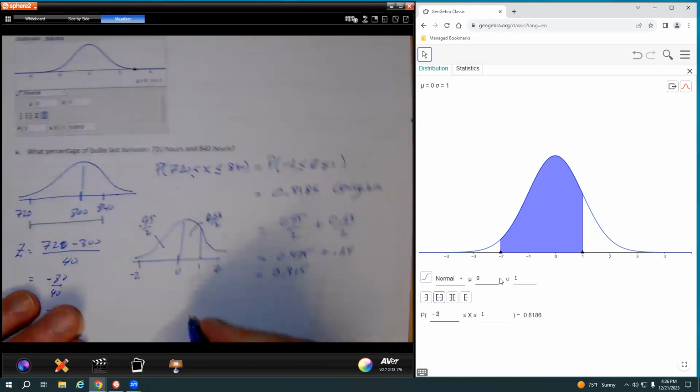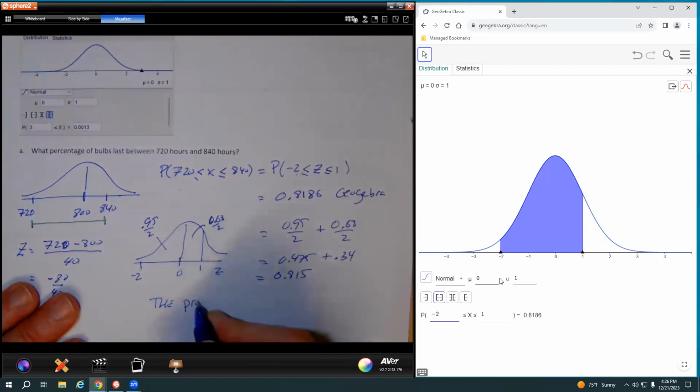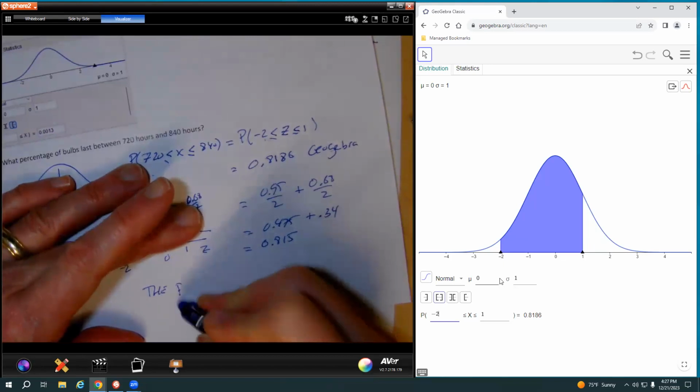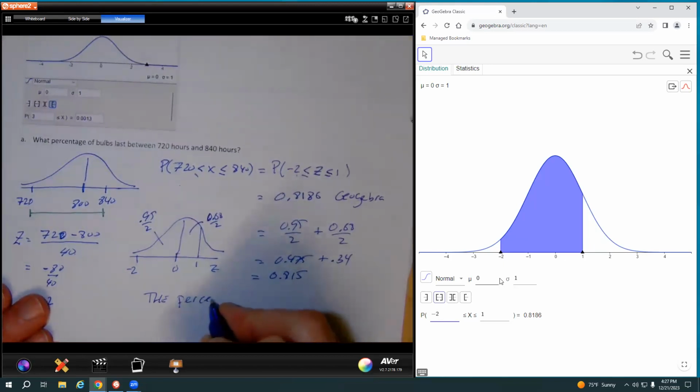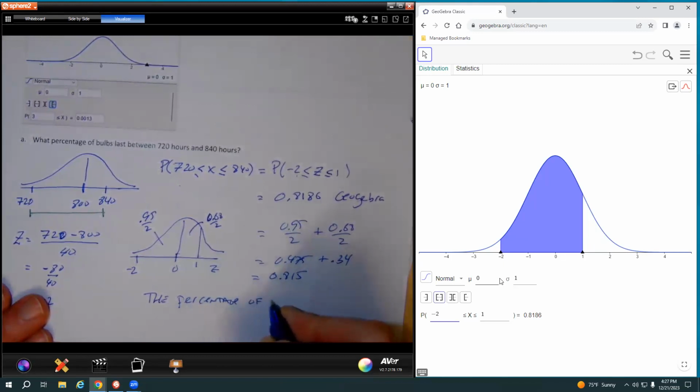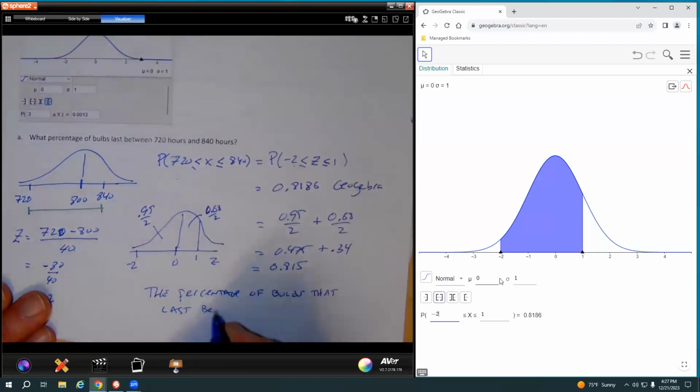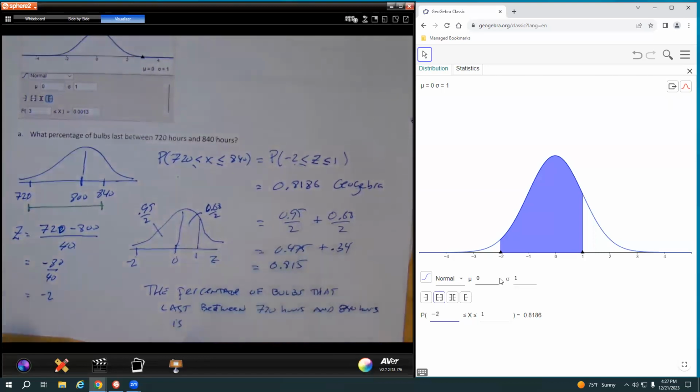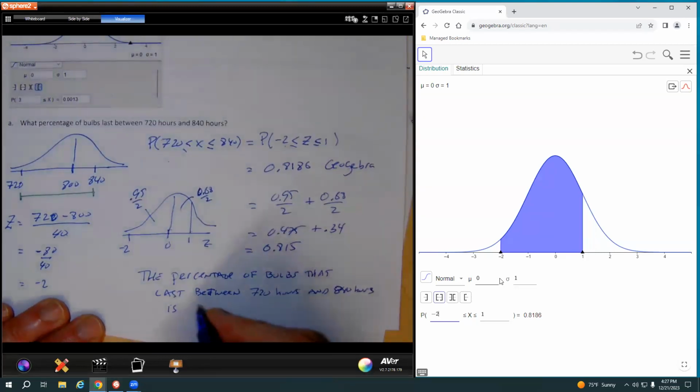Okay. So again, the probability, or the percentage of bulbs, you know, we use probability because we're heading to it, but percentage of bulbs that last between 720 hours and 1140 hours is, again, if I use the more accurate, it'd be 81.86%.